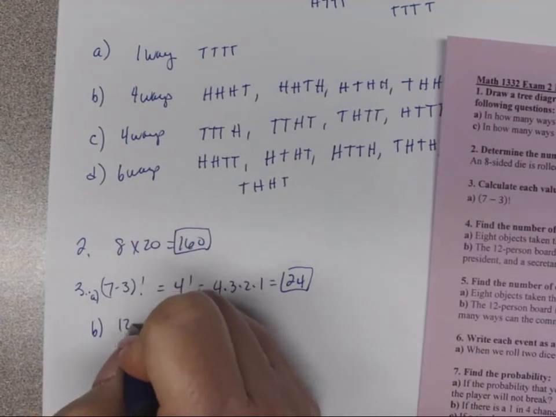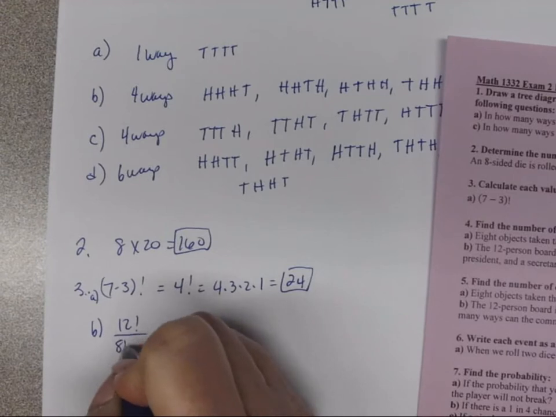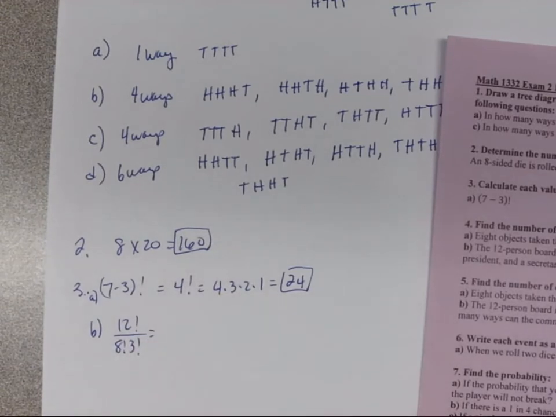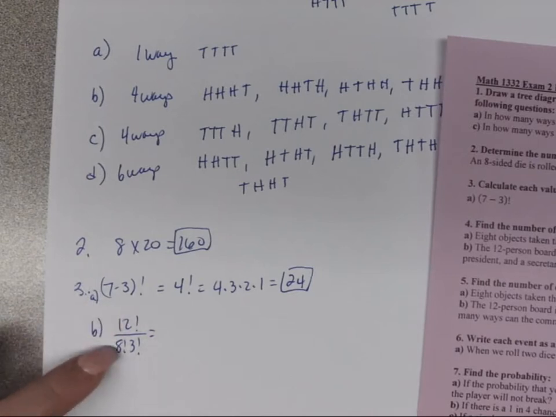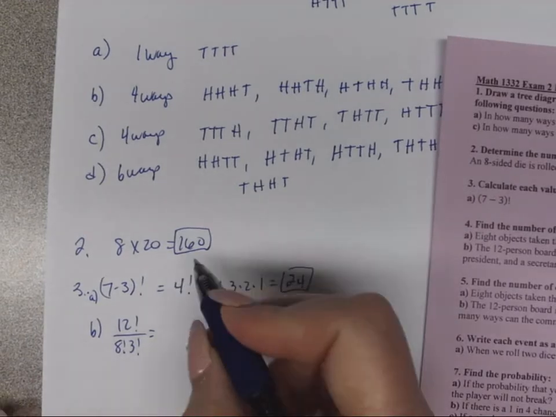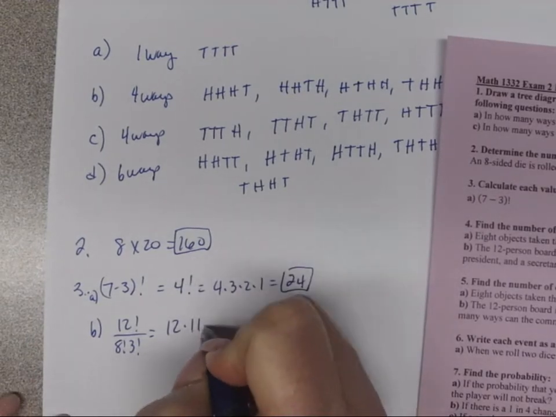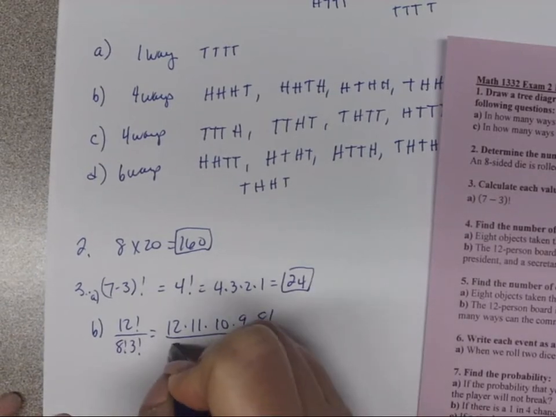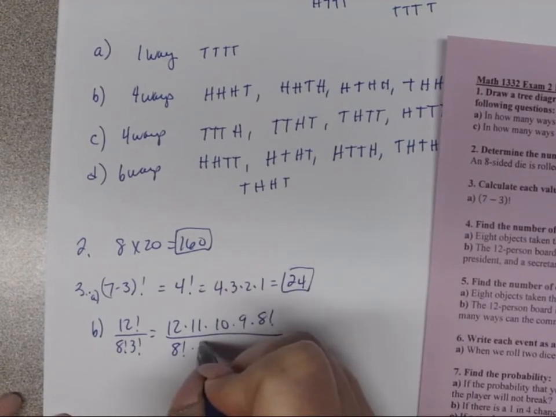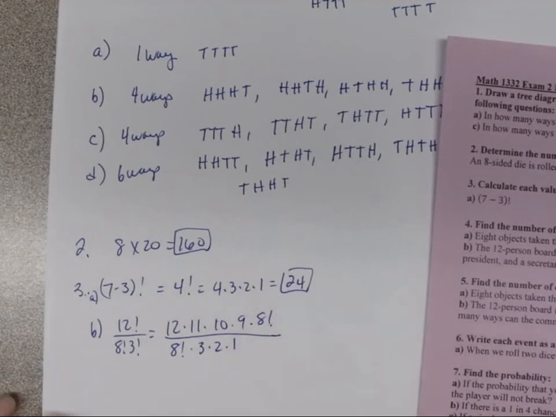All right, next part, so that's part A. Part B, we have 12 factorial over 8 factorial times 3 factorial. So with this, we've got some on the top and some on the bottom this time. I'm going to take 12 all the way down to 8 factorial because then I can reduce those. So I've got 12 times 11 times 10 times 9 times 8 factorial over 8 factorial times 3 times 2 times 1.